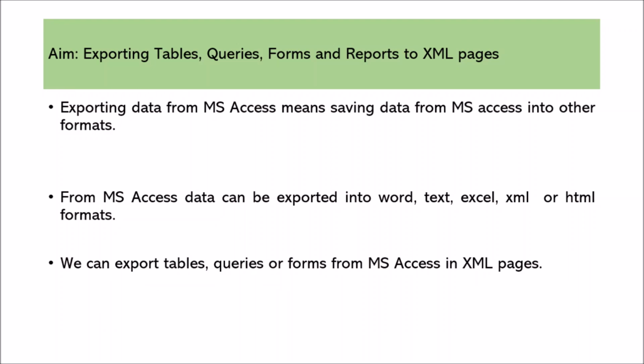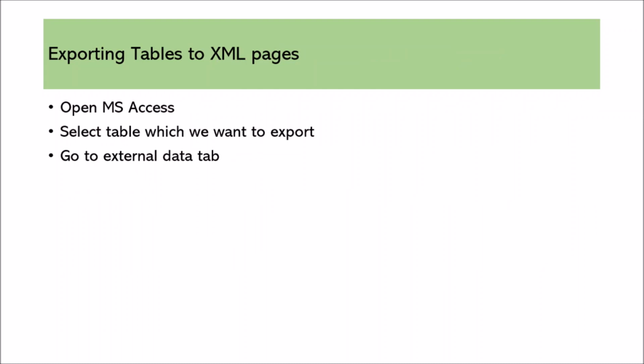The data in MS Access, like tables, queries, forms or reports, we can export into the various formats. In this particular experiment we will see how to export tables, queries and forms from MS Access into XML pages.